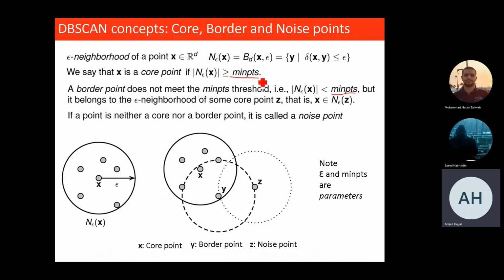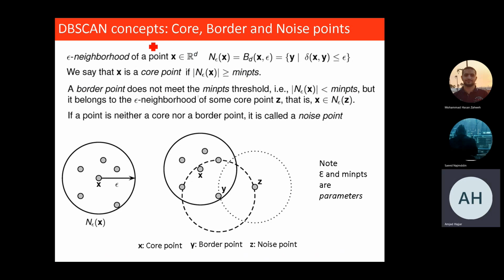If the count in this epsilon neighborhood exceeds min points, I say that this point is a core point. It's a point in the data where the neighborhood exceeds some cardinality.